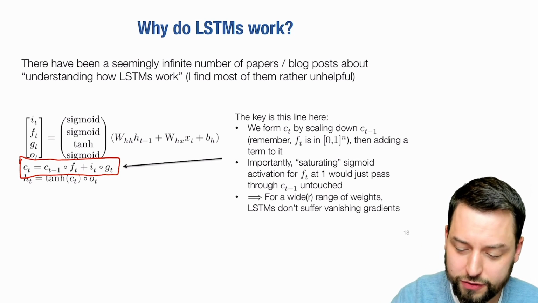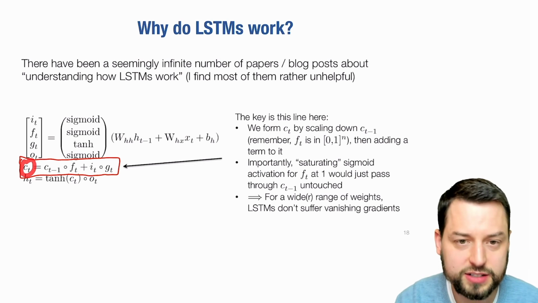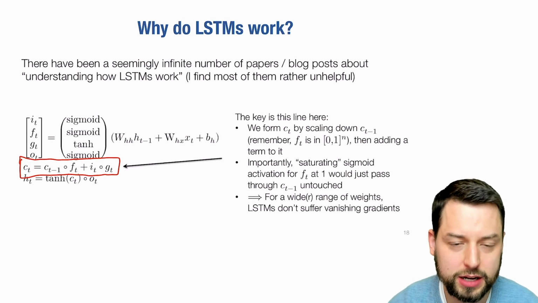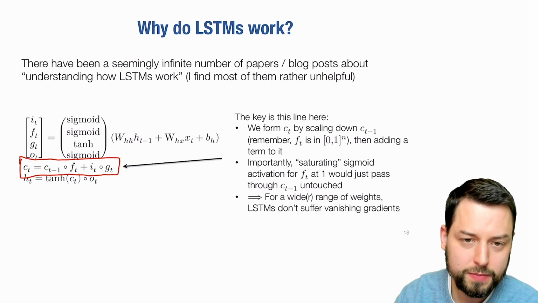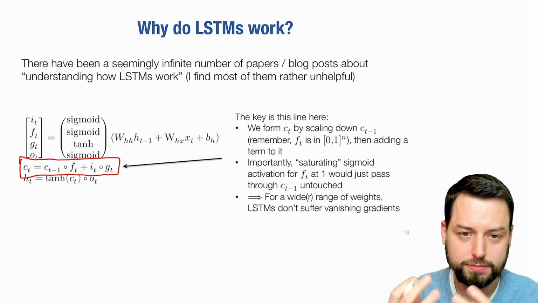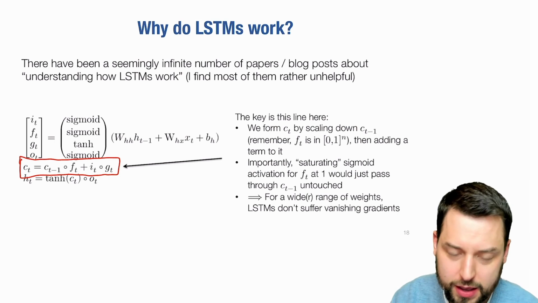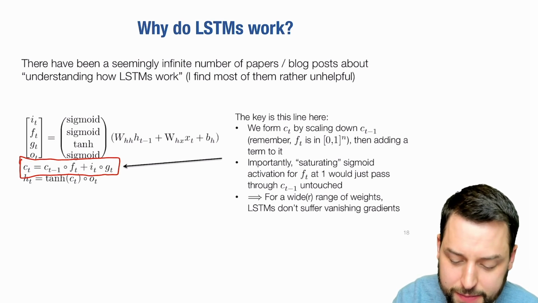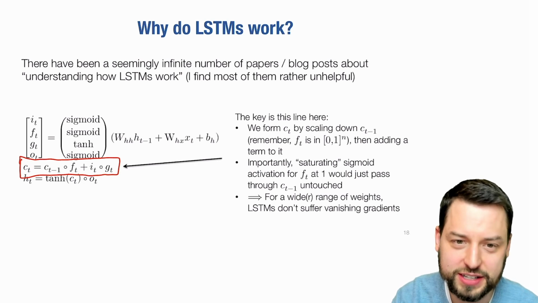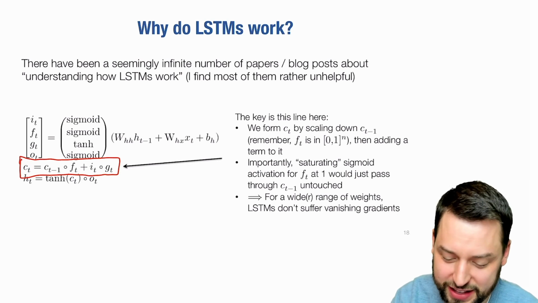This line is forming the current cell state, which again is just a portion of the hidden state. It's the portion that's maintained over time. I'll call it the cell state, but importantly, this is an element of the hidden state.